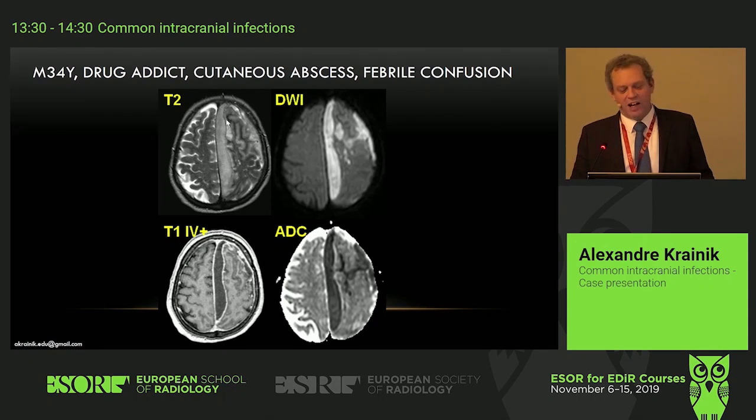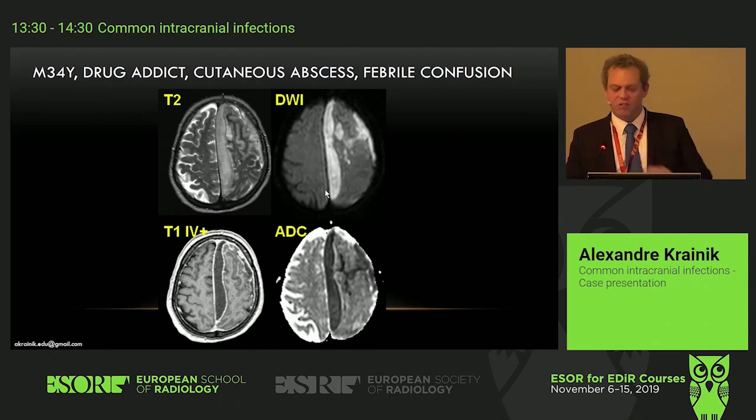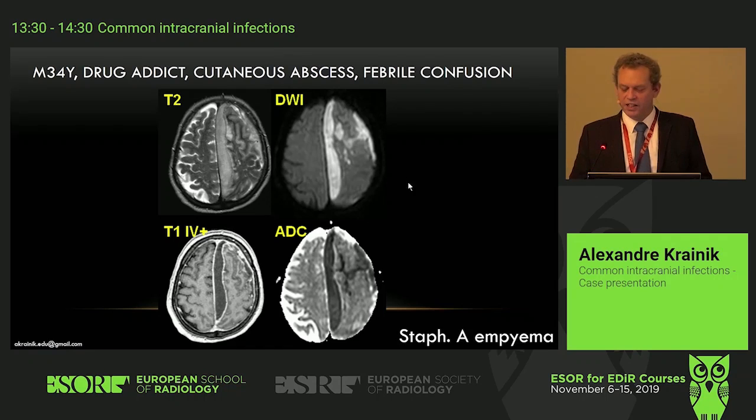Oh, well, actually the signal on T1 and T2 is not really suggestive, but we agree, it's a subdural collection. Okay, it's a subdural collection, and when you have a hematoma, even on diffusion, you may have hyperintensity and decreased diffusion coefficient, but usually it's not that homogeneous. It's maybe rather in foci, and of course, it was an empyema.